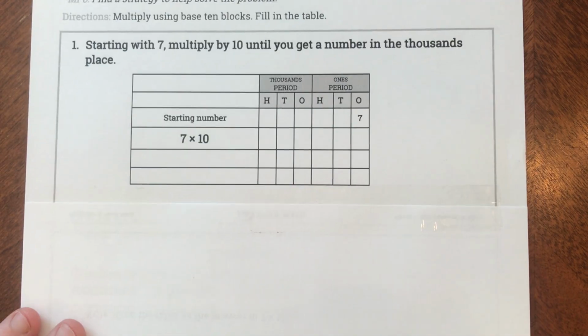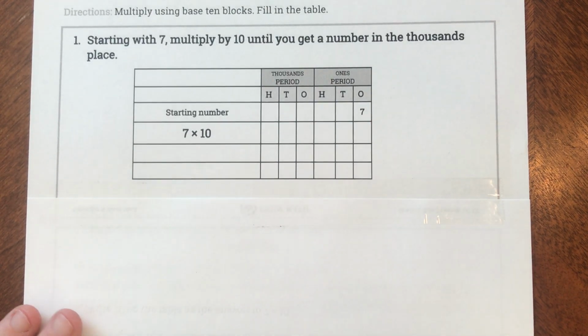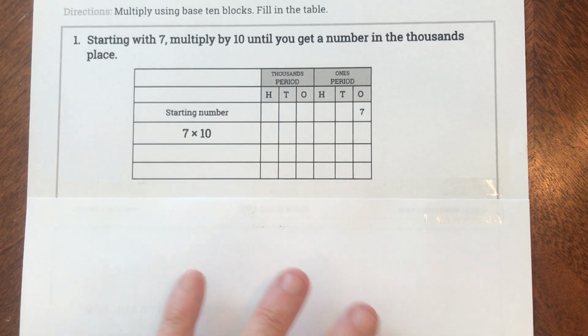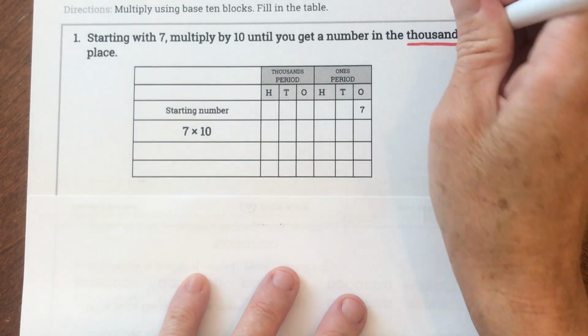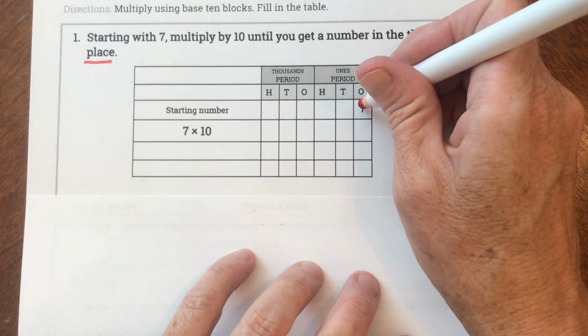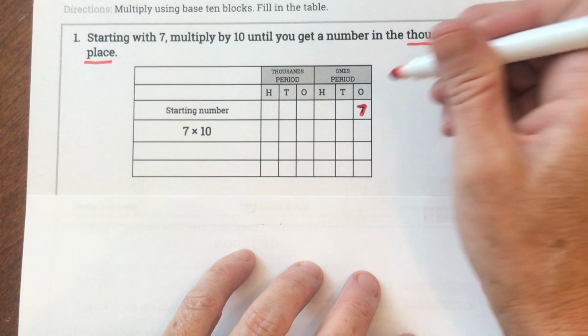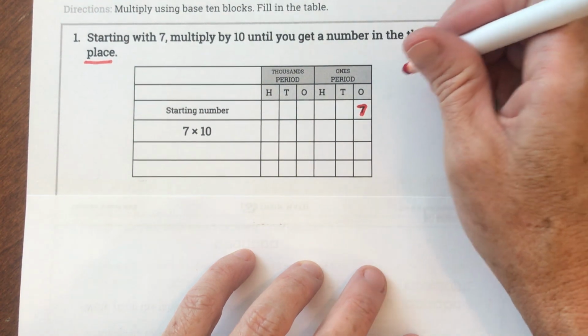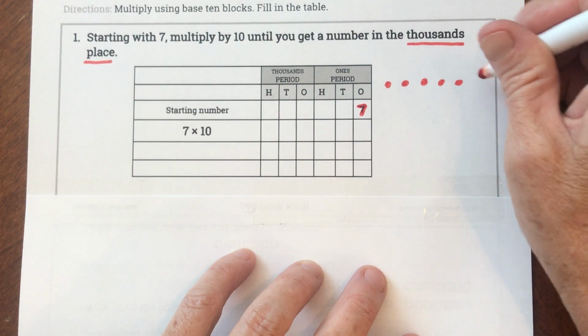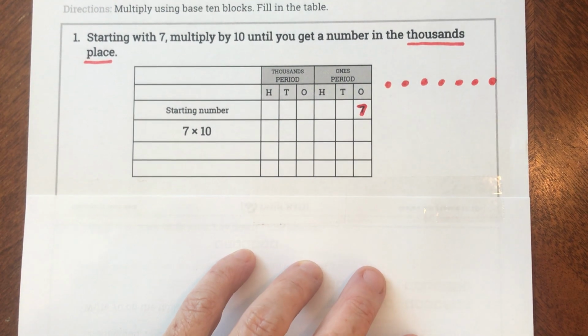And my first problem looks like this. It says, starting with 7, multiply by 10 until you get a number in the thousands place. Okay, so they want me to go till I get a number in the thousands place, and they're having me start with 7. So if I start with 7, I have 1, 2, 3, 4, 5, 6, 7.